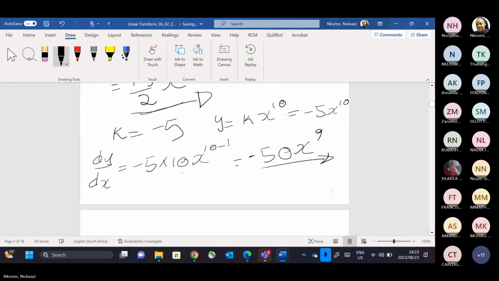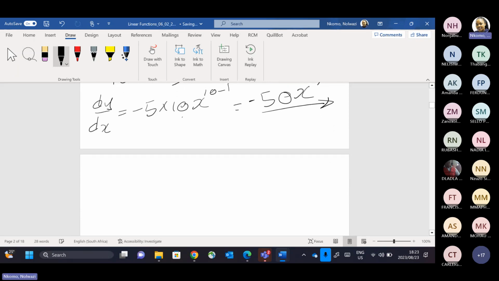Okay. Another thing that you need to know about the derivative. The derivative of a constant term will always be 0. For example, let's say you are asked to differentiate 10. Let's say you are given your function as y equals 10, and you are asked to find dy over dx.